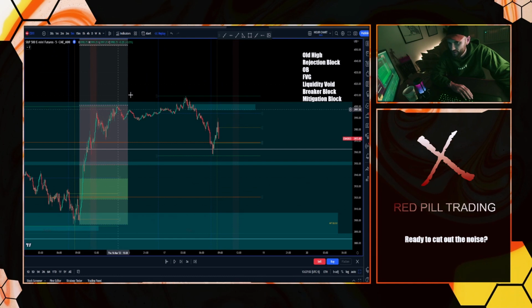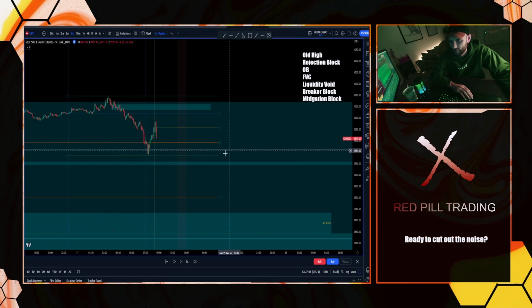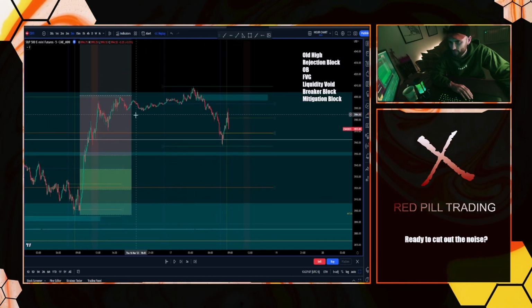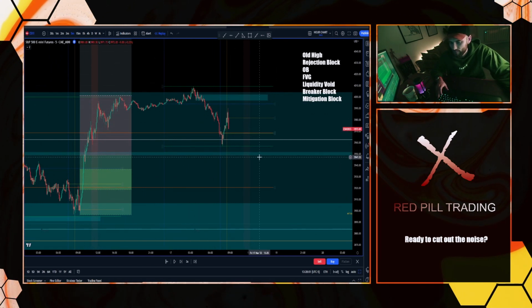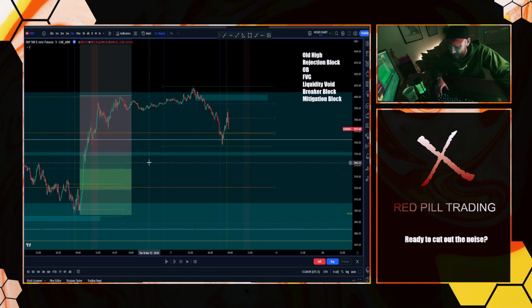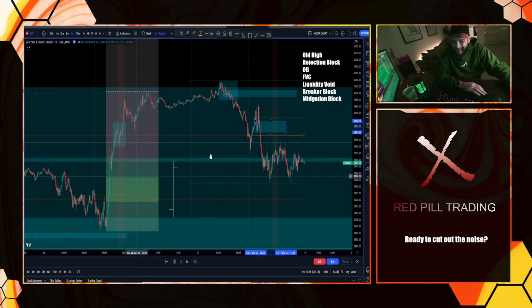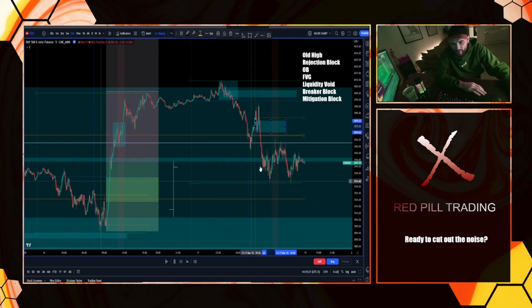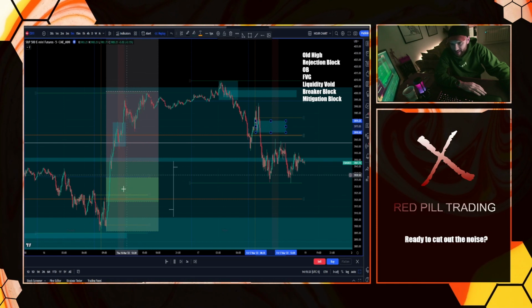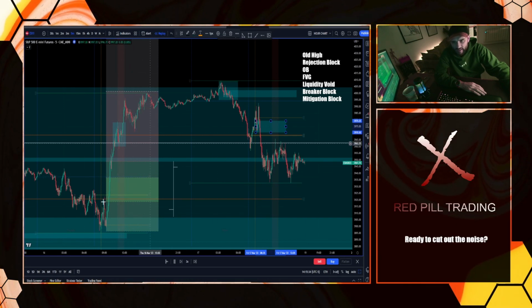This discount range of this displacement leg. So now all we're doing is peeling off partials on the way down. But our first target would be equilibrium of this range, because that is the discount below that equilibrium line. And you can see that price ultimately fulfilled its objective by reaching this OTE zone of this displacement leg.